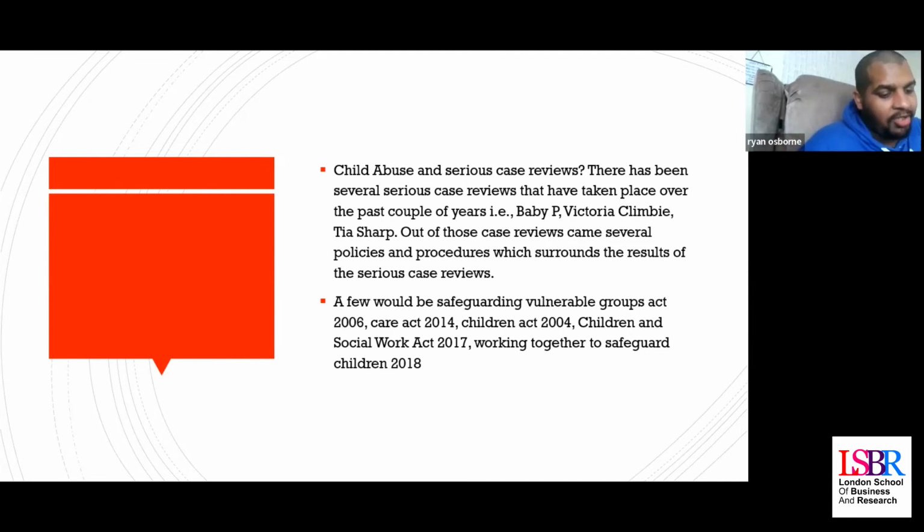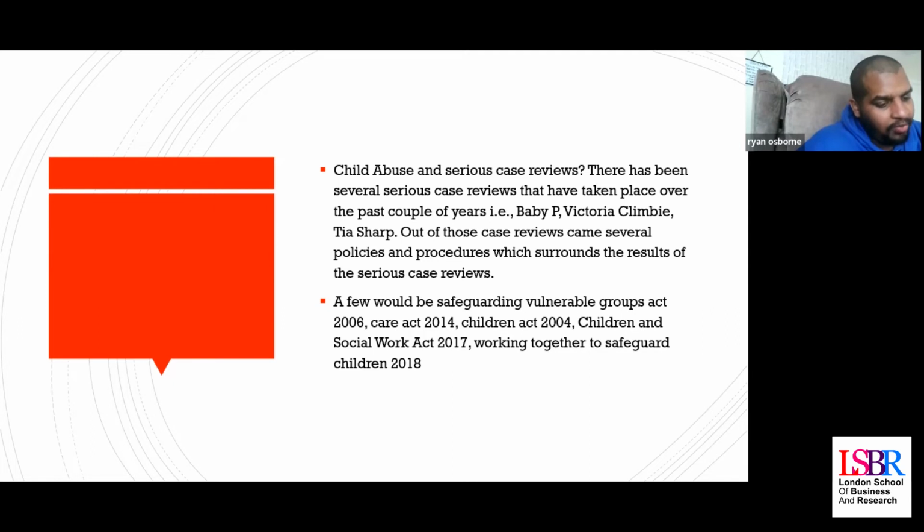We also discussed having the right people within the job, having the right people come into your job and work with you. And then we also looked at child abuse, serious case reviews, and what you can do to improve your service. We've also looked at some of the acts that came out of the serious case reviews as well.